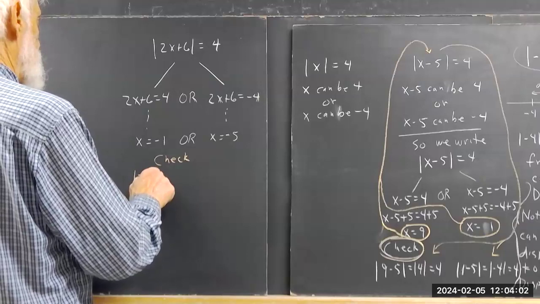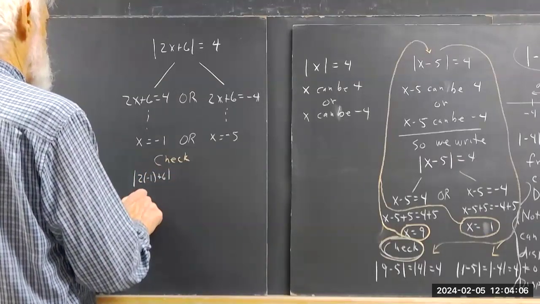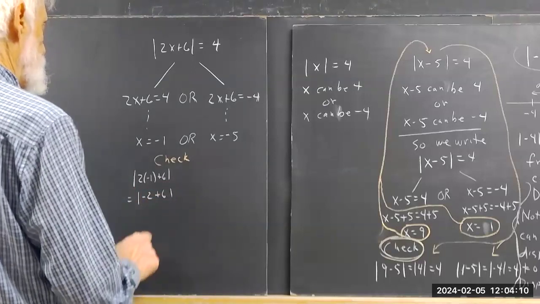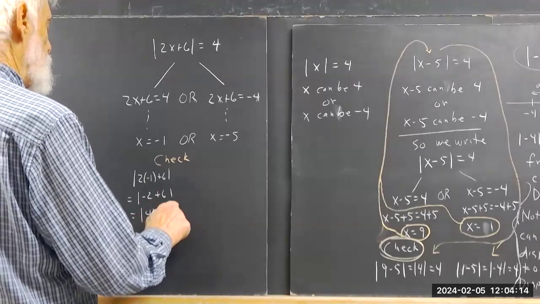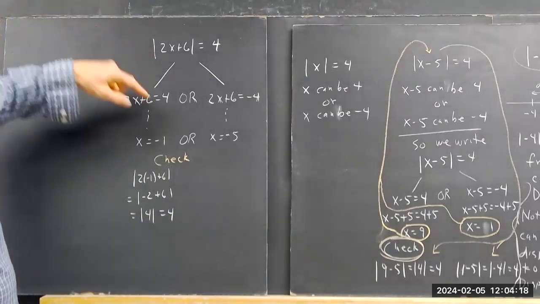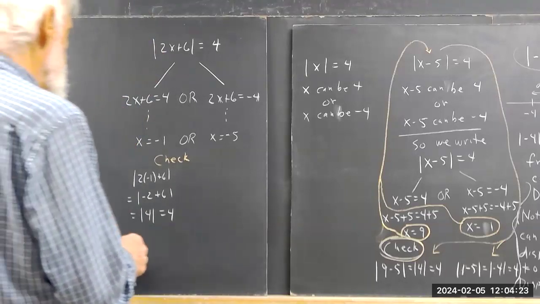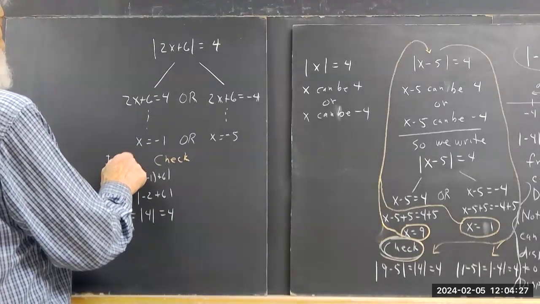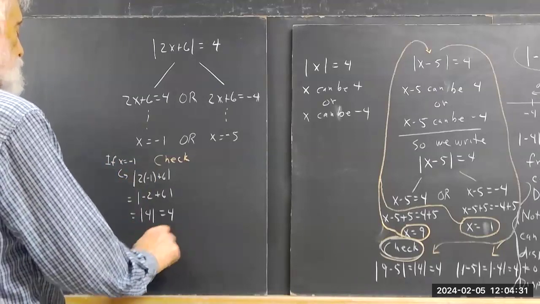Absolute value of 2 times negative 1 plus 6 equals absolute value of negative 2 plus 6 equals the absolute value of 4, which equals 4. So if I plug negative 1 into this equation, this is what I get. I can say if x equals negative 1, we get this, and that checks out.